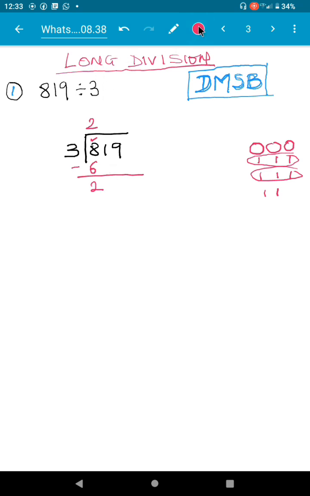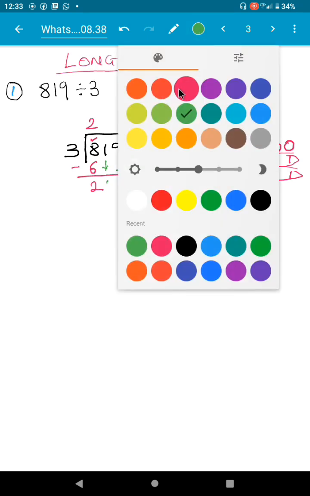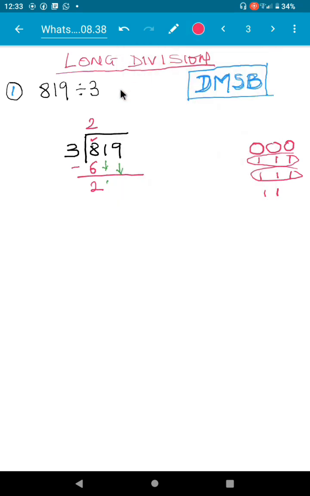Now I'm going to bring down these other ones, which is our B. Bring down my 1, and I'll also bring down my 9. I'm done with this first digit, 8.